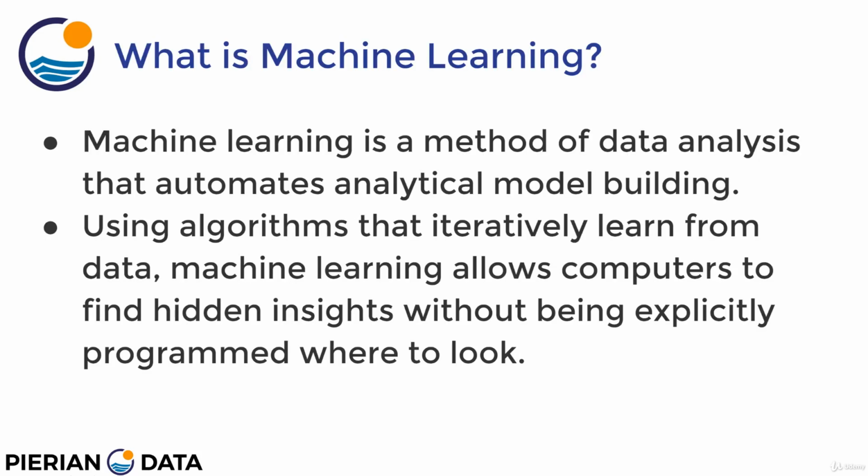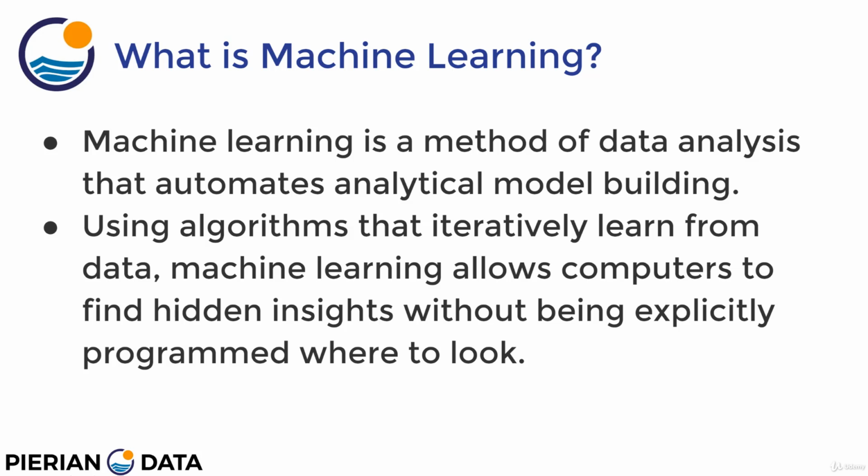So let's first briefly discuss what machine learning is. Machine learning is a method of data analysis that automates analytical model building. Using algorithms that iteratively learn from the data, machine learning allows computers to find hidden insights without being explicitly programmed where to look. Typically, when we're trying to program something using Python, for instance, we have to tell the program what to do in each case, maybe with an if statement or an if-else statement.